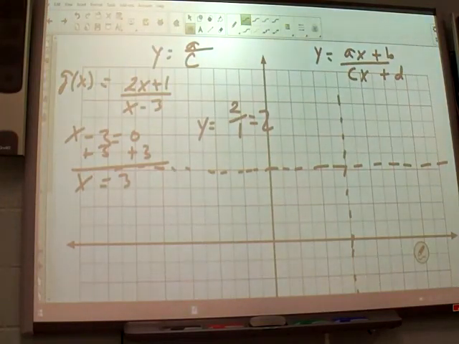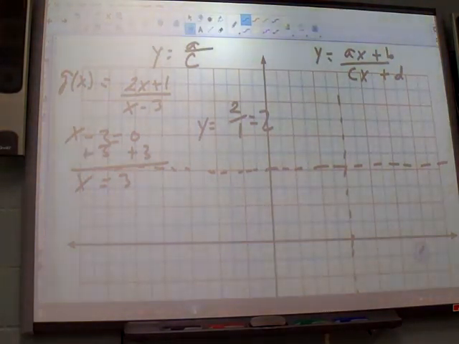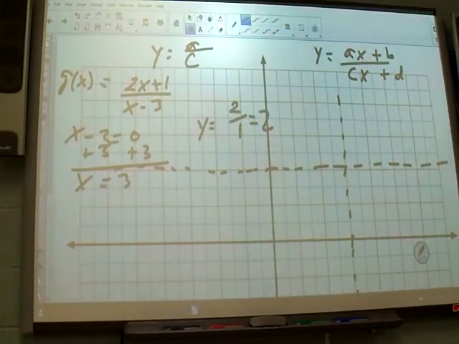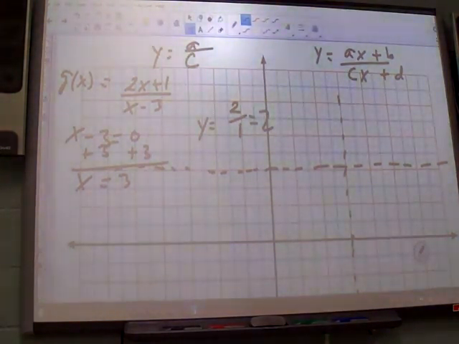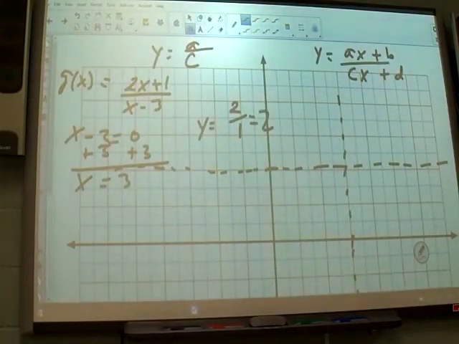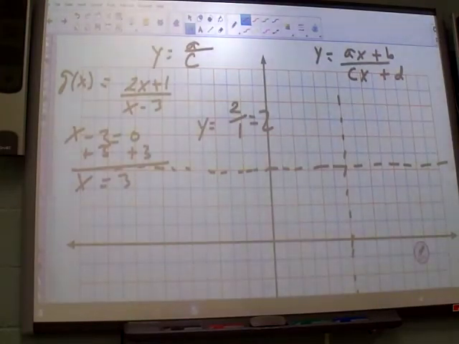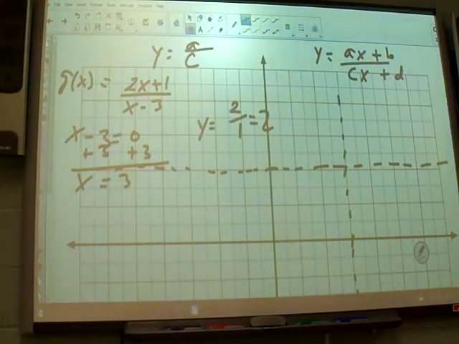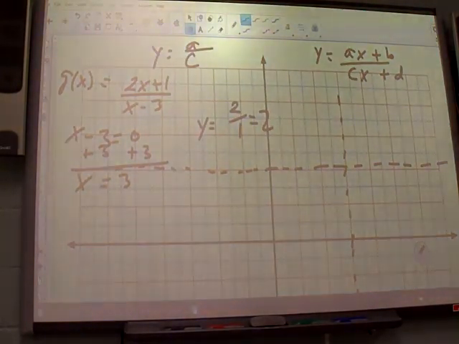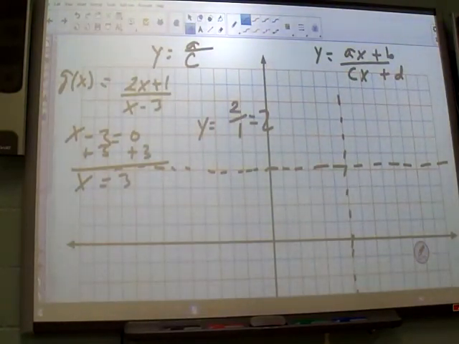Okay. Now on my ones on the right. 2 times 2 plus 1 over 2 minus 3. 5 over negative 1. So it's negative 5. 3 over -2, -1.5.